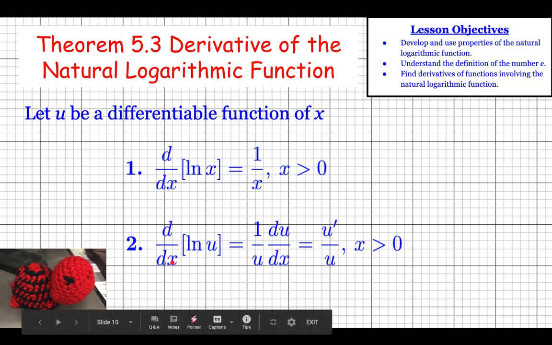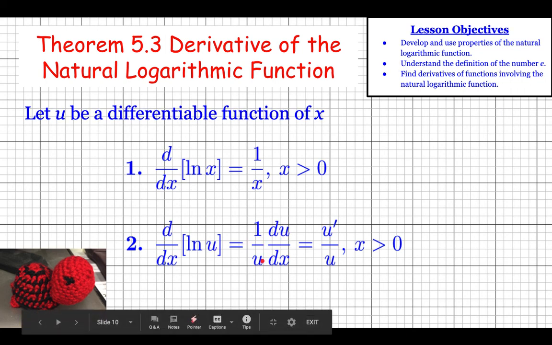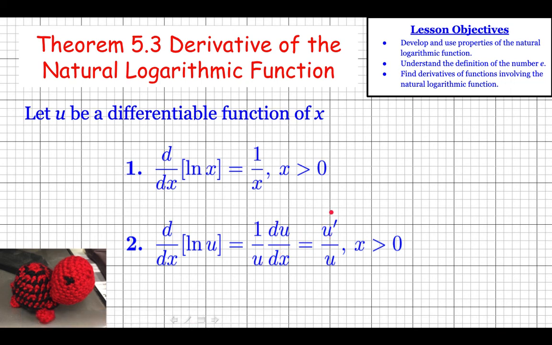And so the derivative of the natural log of the function u is going to be 1 over u times du dx, or u prime over u. And that makes the natural log pretty nice to differentiate.